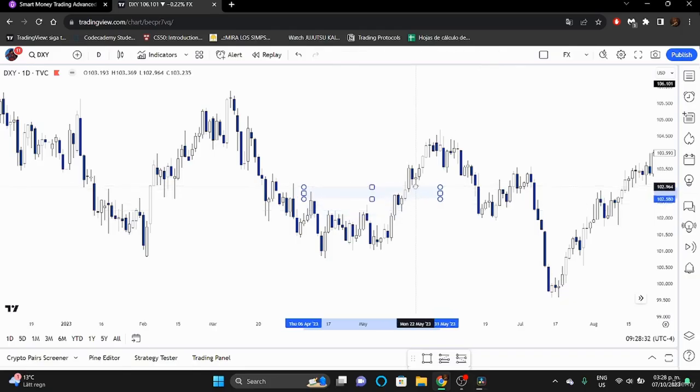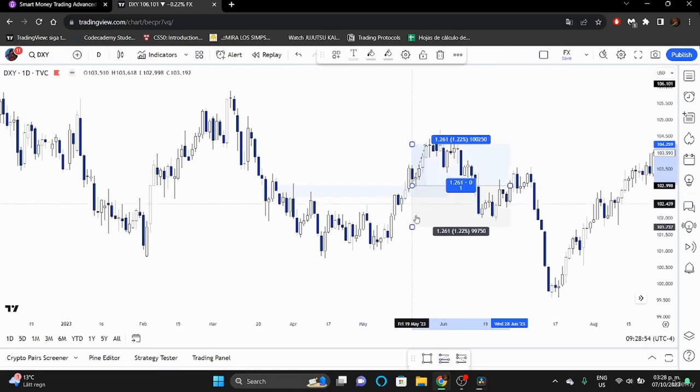Where are we looking here? The fair value gaps. Is there any fair value gap? Well, we could use this one. Taps into it. But also, what do we have? This one right here. Price trades through it. It touches it on this candle, which could have been an entry.